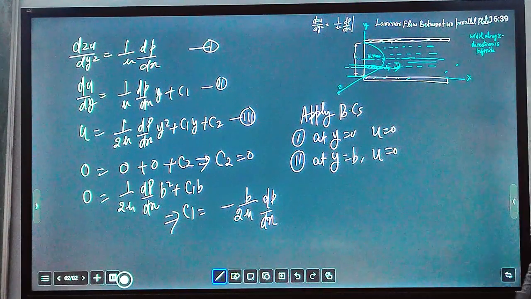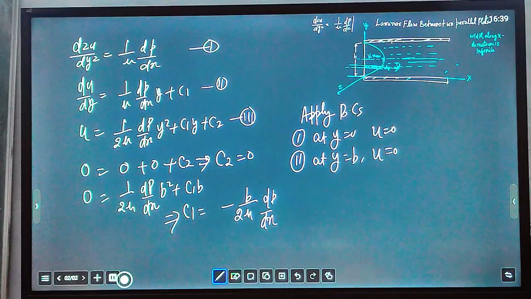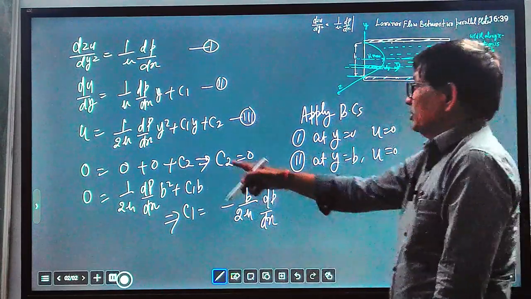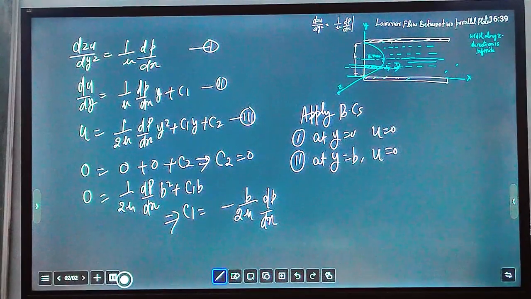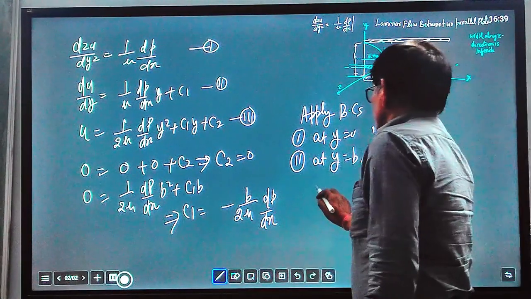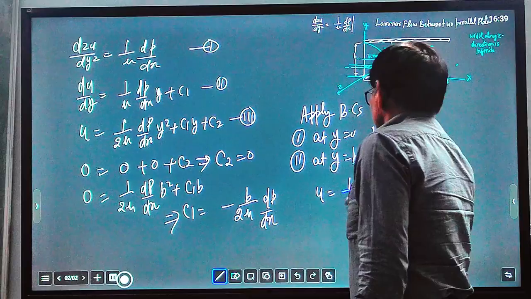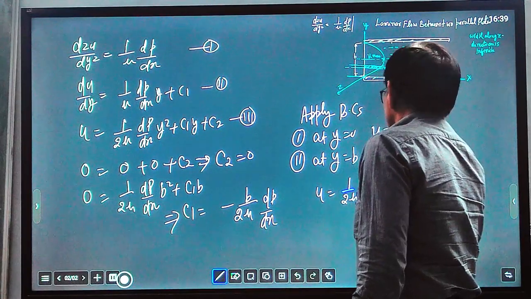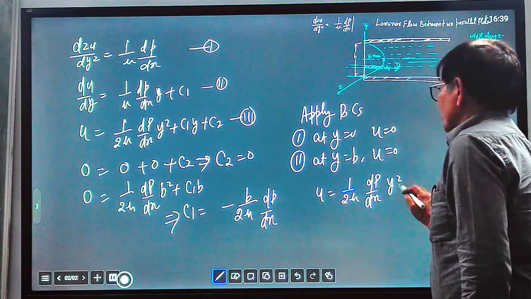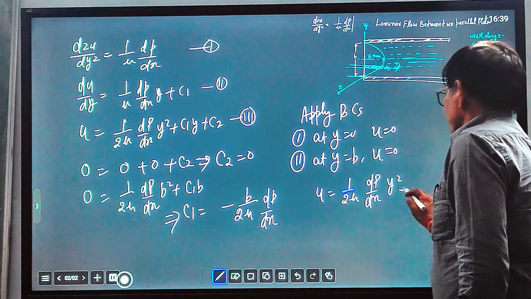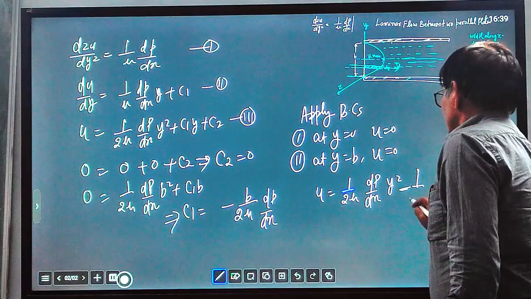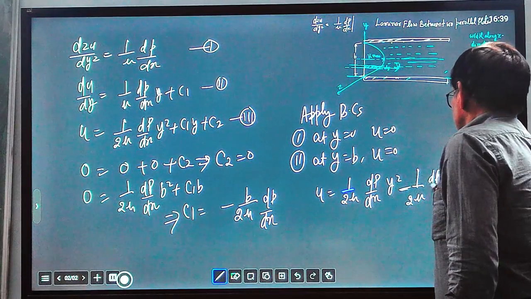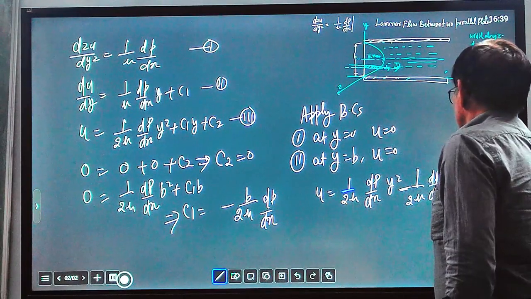So putting the values of c1 and c2 in the general equation, we get the velocity distribution. You get u equal to 1 upon 2 mu dp upon dx y square plus, putting the value of c1, minus 1 upon 2 mu dp over dx into by.